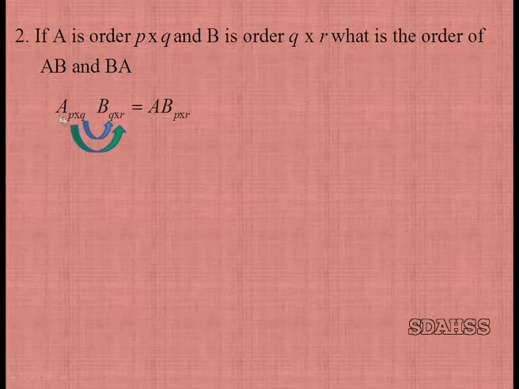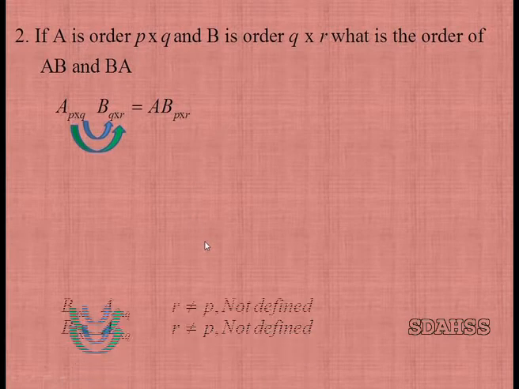First, A is of order P cross Q and B is of order Q cross R. Here, the number of columns in A is Q and the number of rows in B is Q. Both are the same, so AB's order is P cross R.